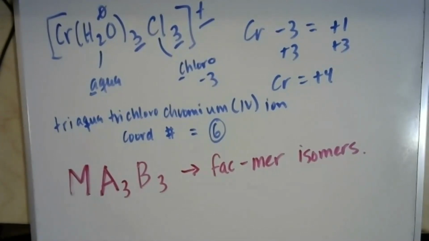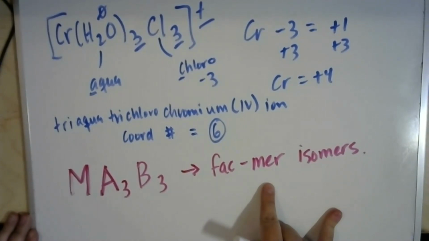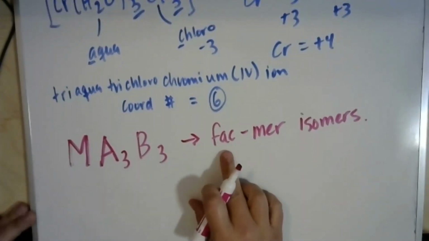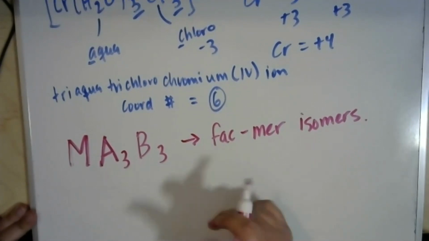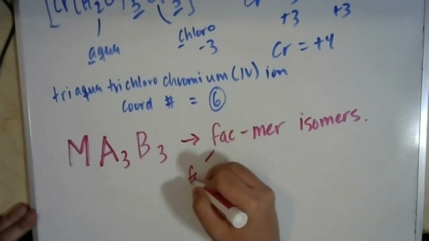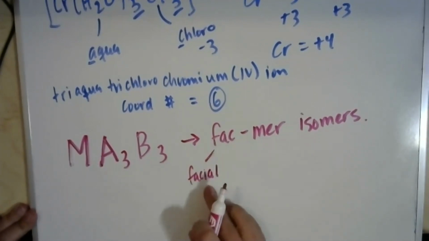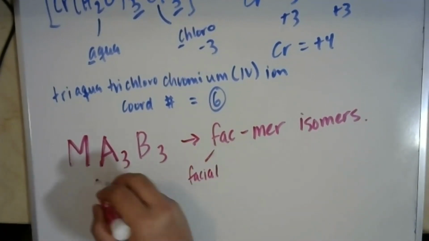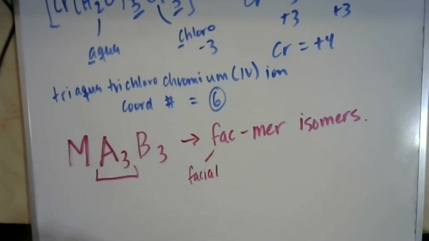Now, it's sometimes easier to understand what this type of isomer is if you really break down what the names of these things are. Okay, the fac isomer stands for facial, I think. What this means is that all 3 of one of these ligands are going to take up one face of your octahedron.